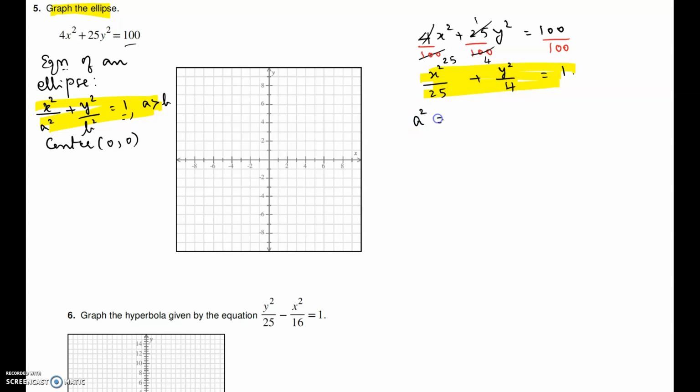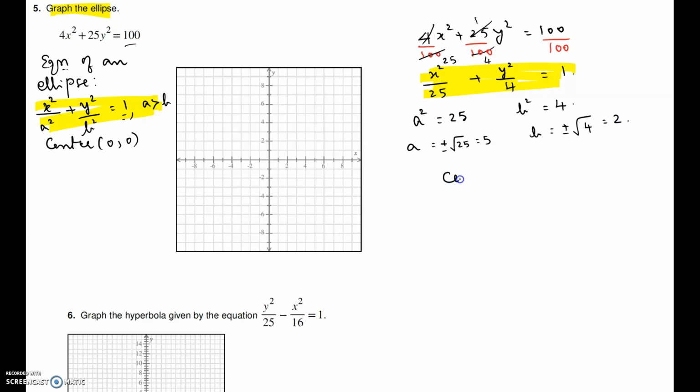So a squared, the larger one, should be considered as a squared in the ellipse. The smaller one should be considered as b squared. So a squared equals 25. That means a is plus or minus square root of 25, which is equal to 5. b is plus or minus square root of 4, which is equal to 2.